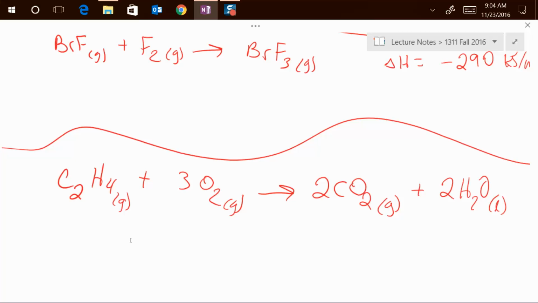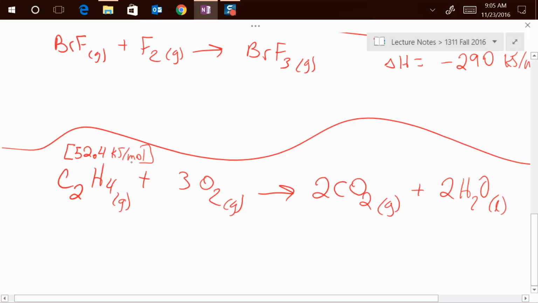So the delta H of formation for C2H4 gas, right? Delta H is 52.4 kilojoules per mole.